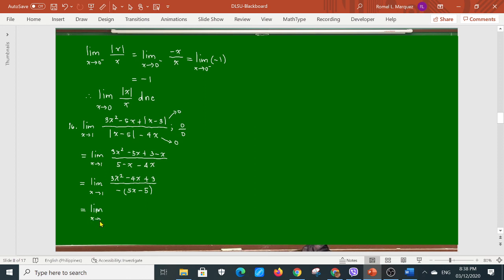Now, cancel. The factor that makes the numerator 0 makes the denominator 0. This has a factor x minus 1. It has a factor x minus 1. This has also a factor of x minus 1. So, negative 5 also has x minus 1. The other factor of the numerator, 3x, then minus what?